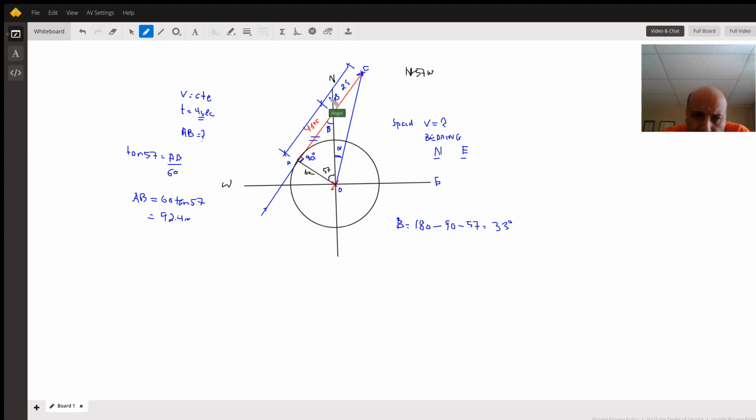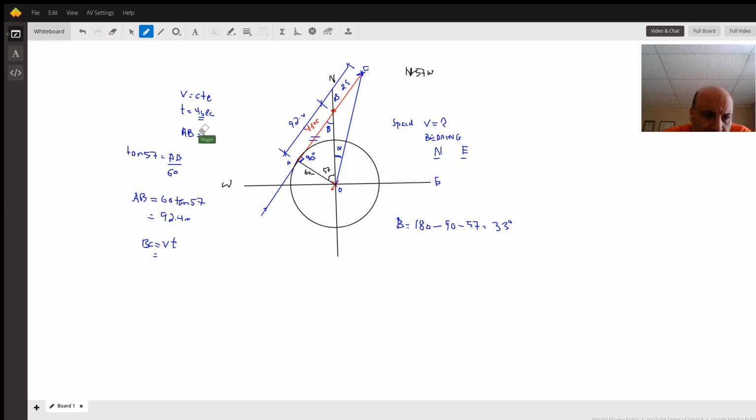And now you need the distance BC, which is equal to what? VT, right? We know the velocity. Have we determined the velocity? Not yet, so we have to determine it. We know the distance here is 92.4.